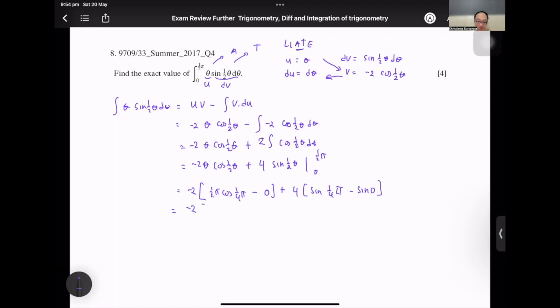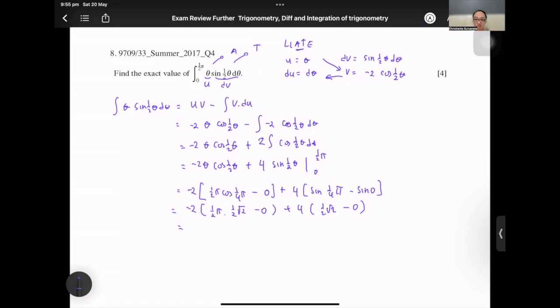Negative 2 half pi, cos 1 over 4 pi is 1 over 2 square root of 2, minus 0, plus 4 sine 1 over 4 pi, which is half root 2, minus 0.